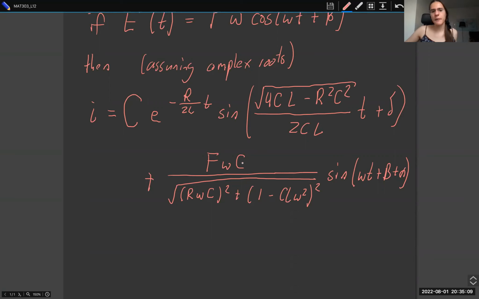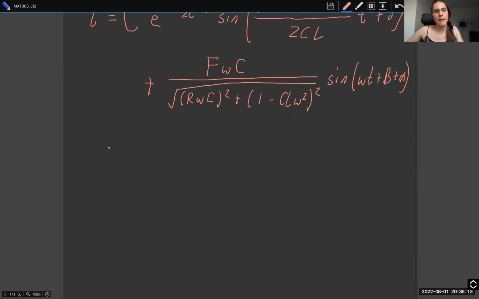If we divide by C on top and bottom, then the amplitude for Z is equal to the square root of R squared omega squared. Oh, there's an omega. So if we divide by omega C, then we're just going to get R squared plus 1 over omega C minus L omega squared.